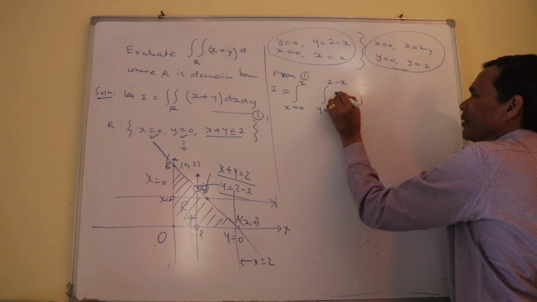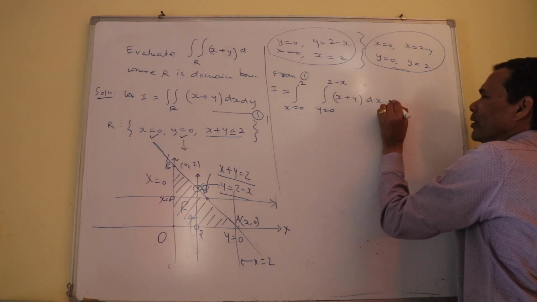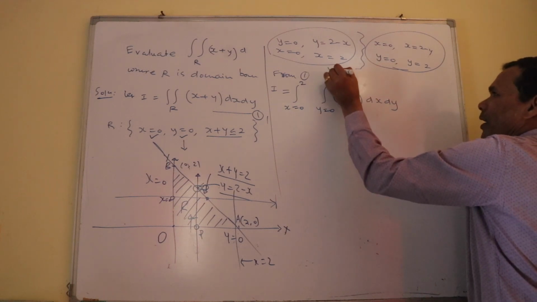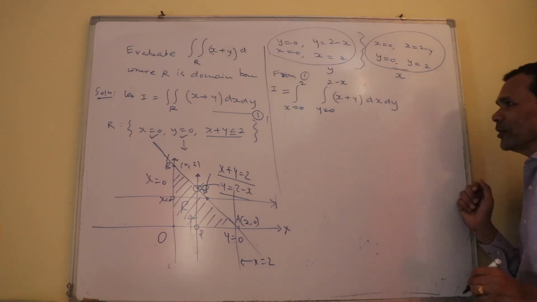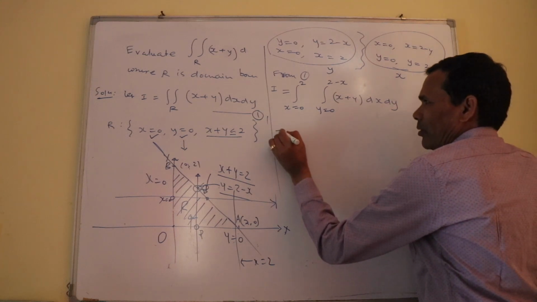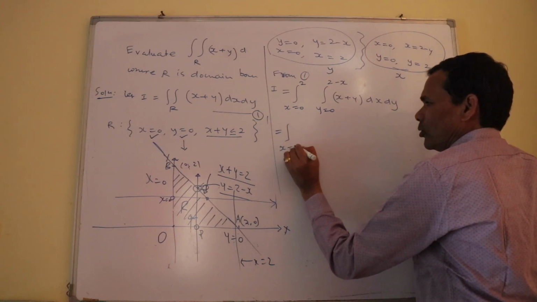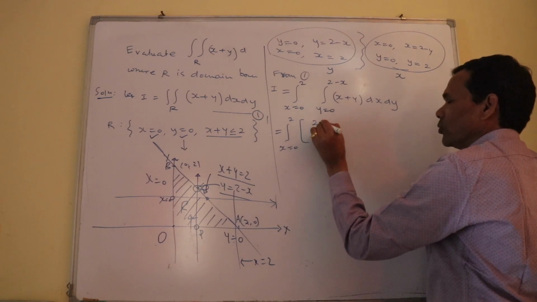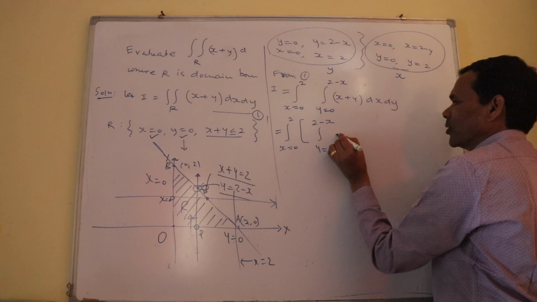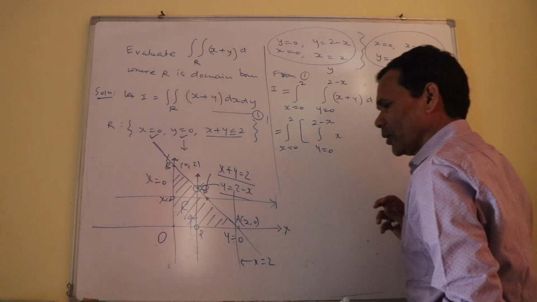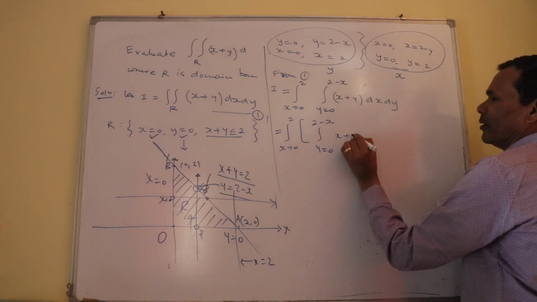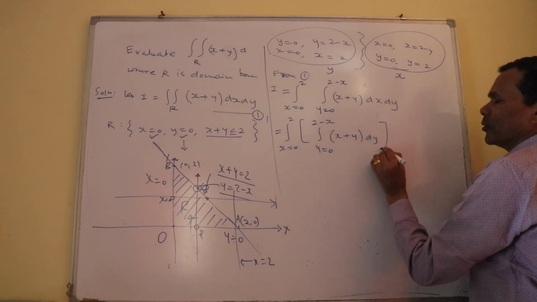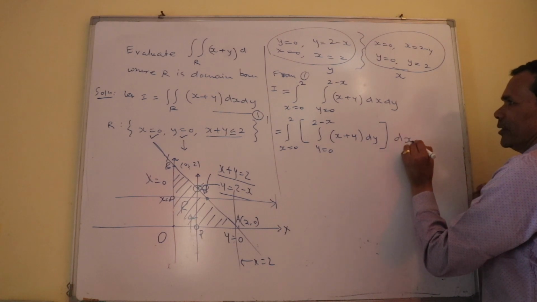The integrand is x plus y, dx dy. Now here you need to integrate with respect to y first. Now we integrate this: x from 0 to 2, and with respect to y, the limits are y from 0 to 2 minus x, of (x plus y) dy, and then with respect to x.